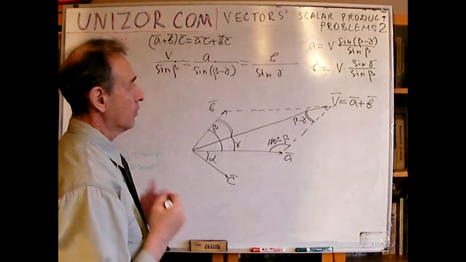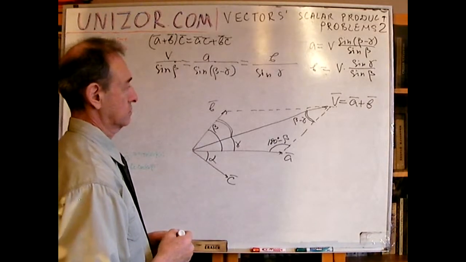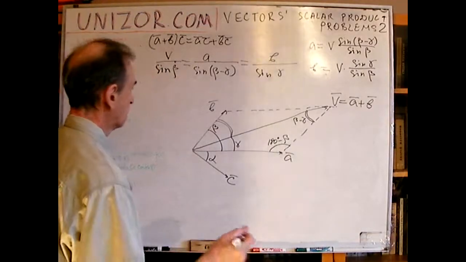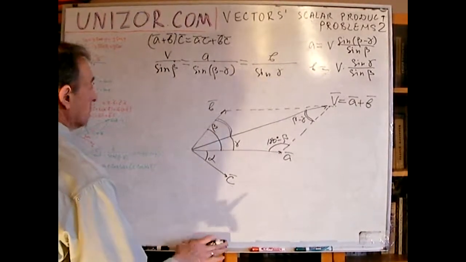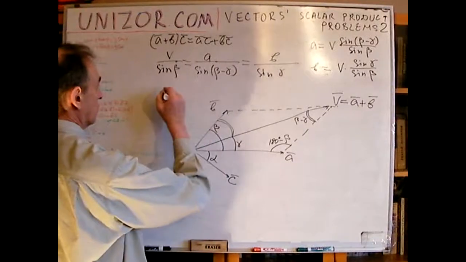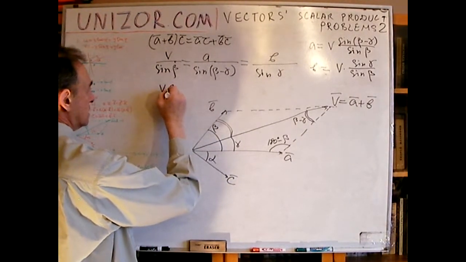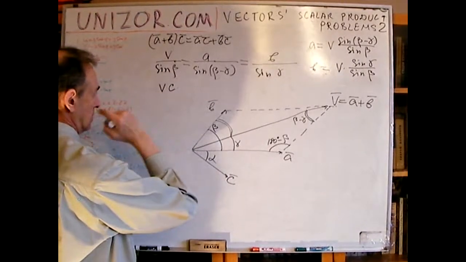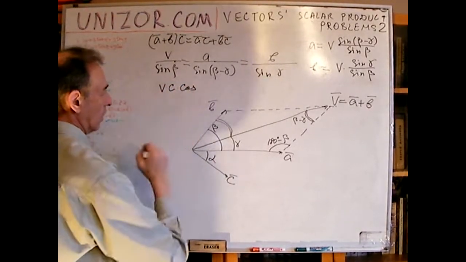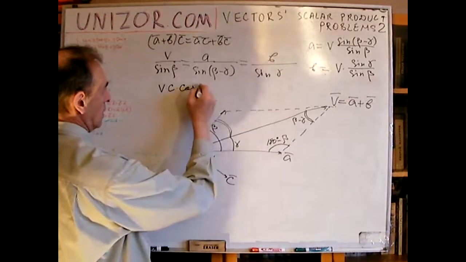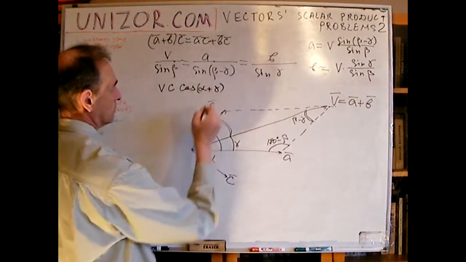Now, what do we have to prove actually? We have to prove that V times C times cosine of alpha plus gamma, right?